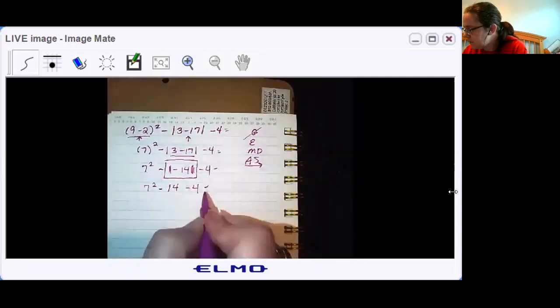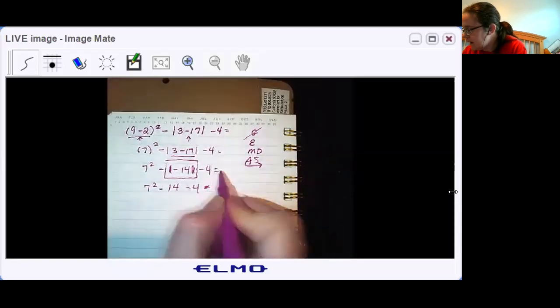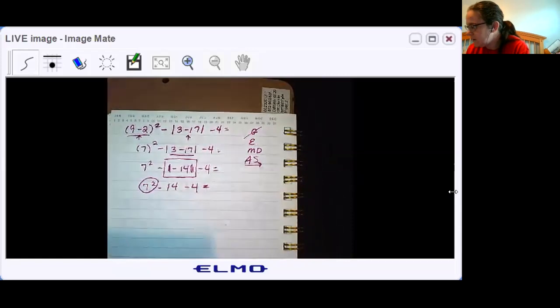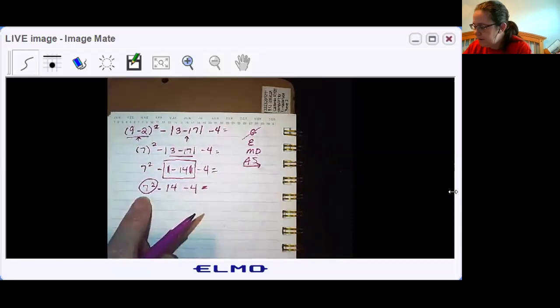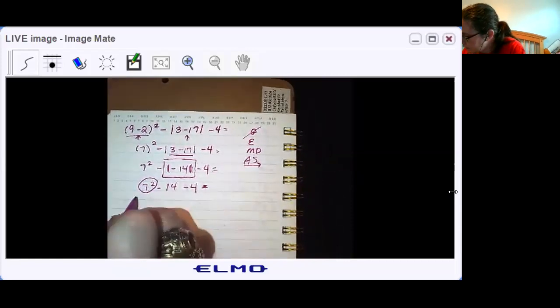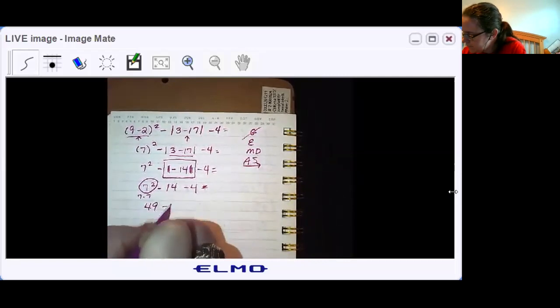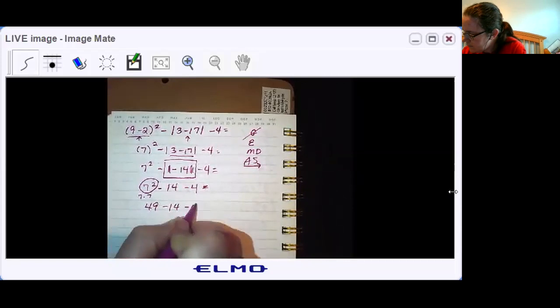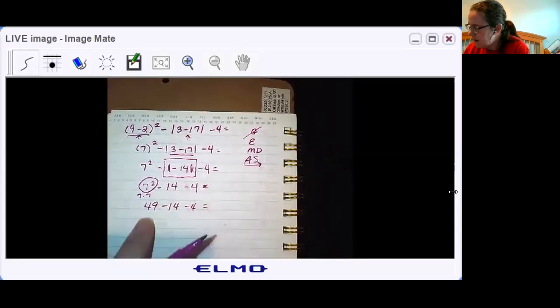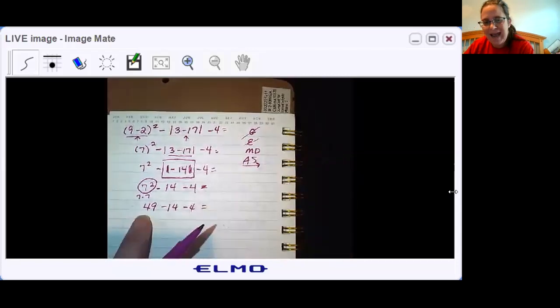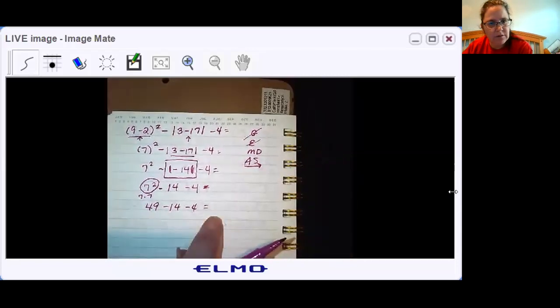Do I have any exponents now? I do right here. I've got 7 squared. So now I'm going to figure out what it is. 7 squared means 7 times 7, which is 49. Now have I cleared out my exponents? I've cleared out my exponents. Do I have any multiplying or dividing here?